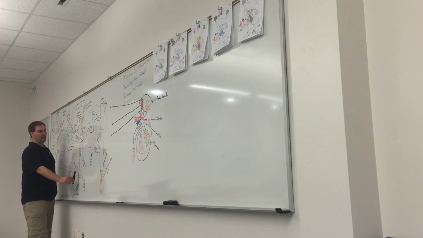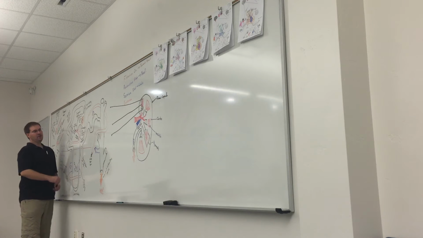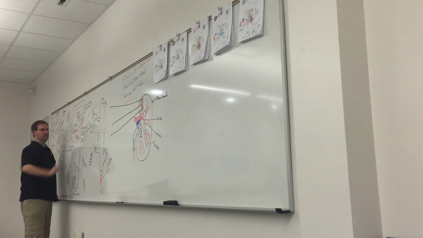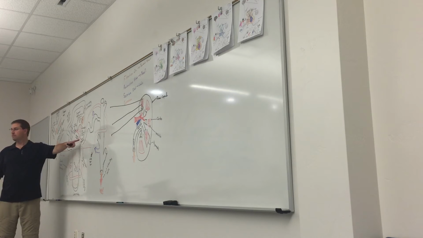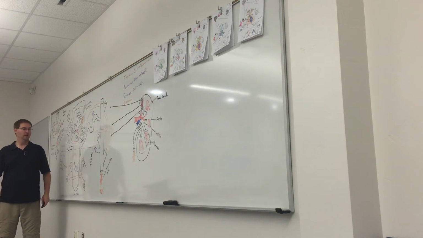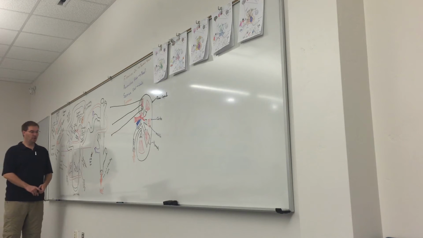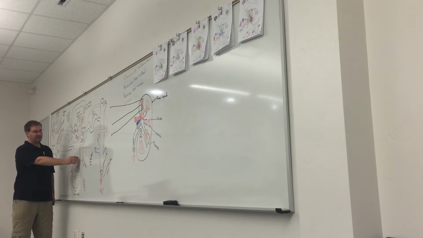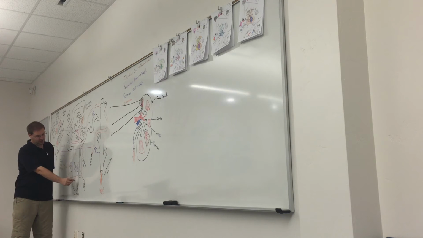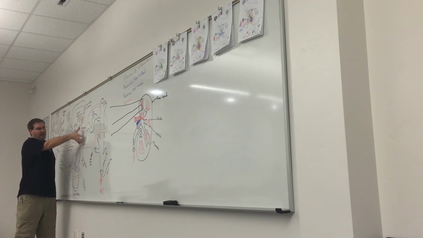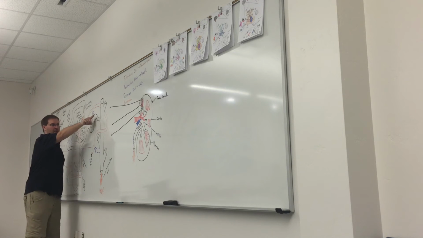The filtrate is going to come back up, and do you see how this kind of gets close to the Bowman's capsule here? Do you see that there? Where it kisses it. Yeah, it almost gives it a little kiss, huh? So what happens is the ascending limb becomes thick. Do you see how it's thin here? It thickens up, and it becomes, what is this tubule here that's away from the Bowman's capsule?